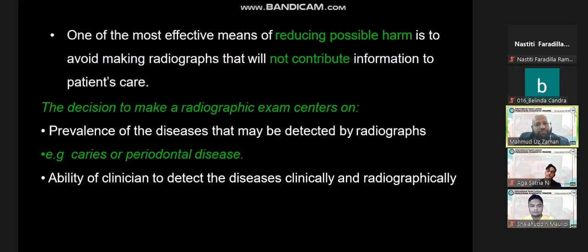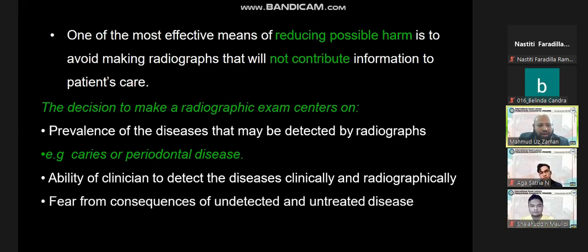Sometimes you will see the mental foramen opening just below the 4-4 or 3-4, just at the periapical area. Sometimes it will be mesial or distal to the 4-4 or 3-4. So the clinical examination and radiographic evidence will guide you to understand.